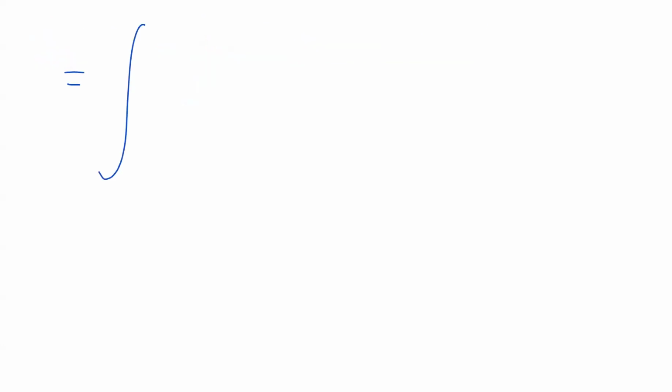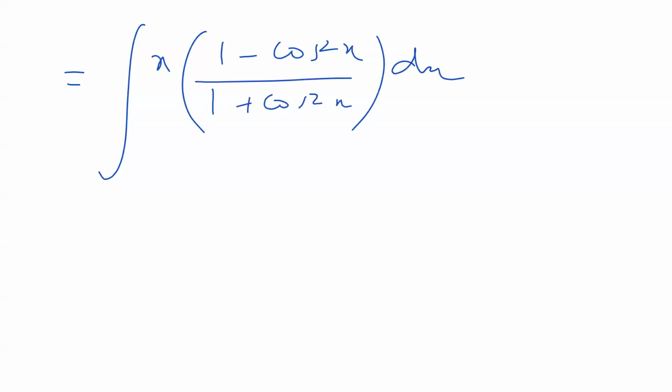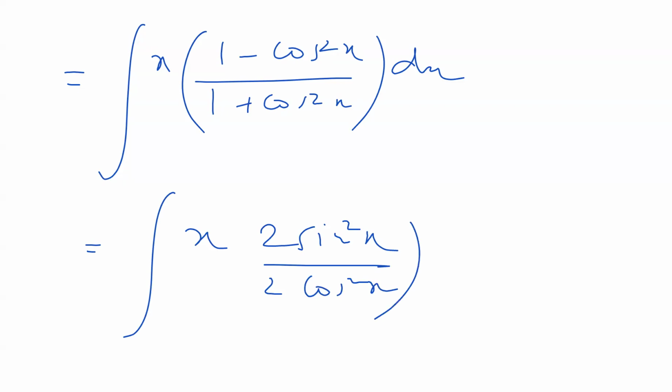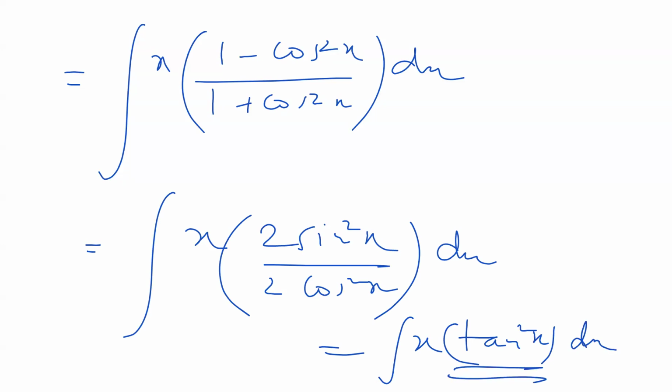So this is going to be x into 1 minus cos 2x upon 1 plus cos 2x dx. So x into 2 sin square x upon 2 cos square x. So x tan square x. Now tan square x again you have to write sec square x minus 1. Now this is like question number 27. Tan square x, put sec square x minus 1 and proceed.